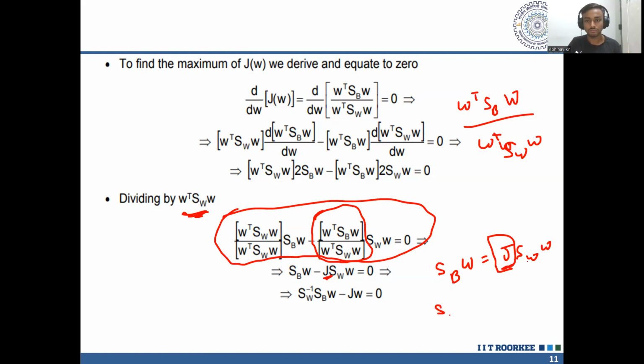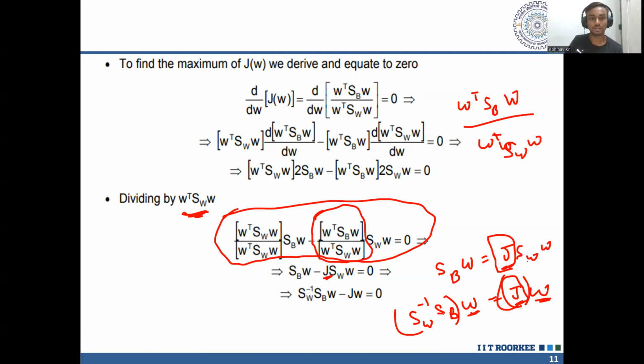If we take this as invertible, this becomes SW inverse SB times W is J times W. Now we know that we have to maximize this J, and you can see that J is actually an eigenvalue of this. So to maximize J, it has to be the maximum eigenvalue, with W being the corresponding eigenvector.